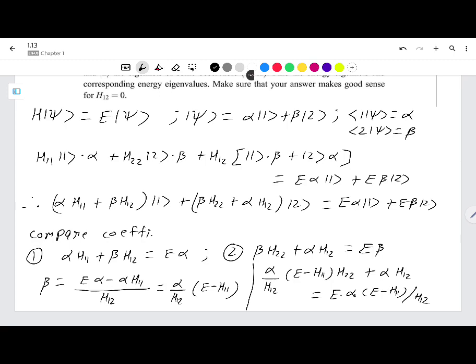Right, okay, so we can multiply all the sides with H12 and let's see what we get.